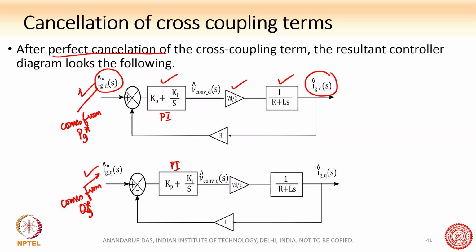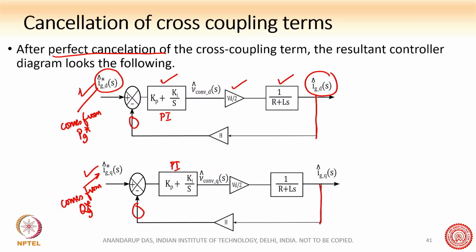So those PG star and QG star control IGD star and IGQ star. And then we have this PI, and of course we get the feedback from this one.